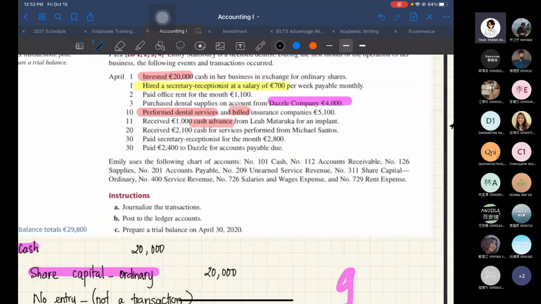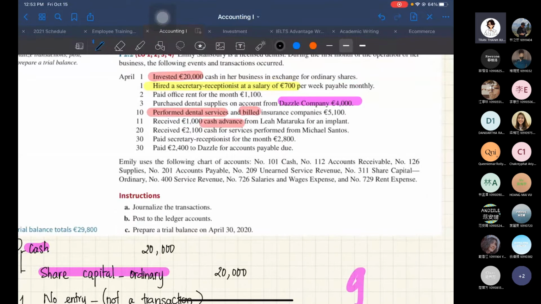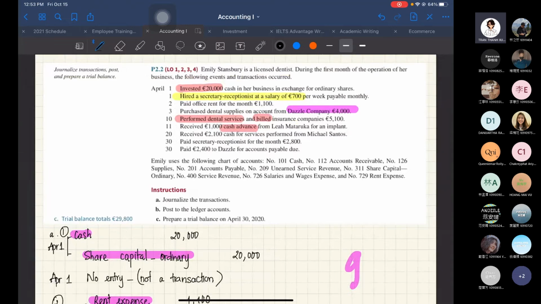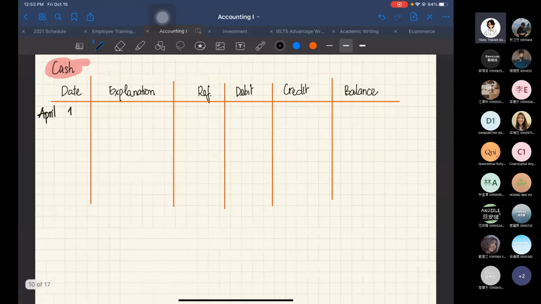Right now we're looking for cash. Reference J1.